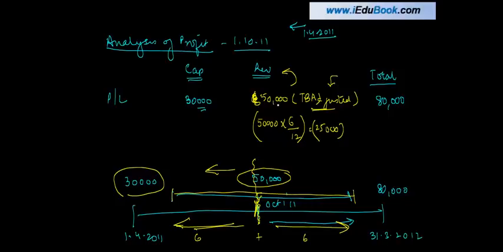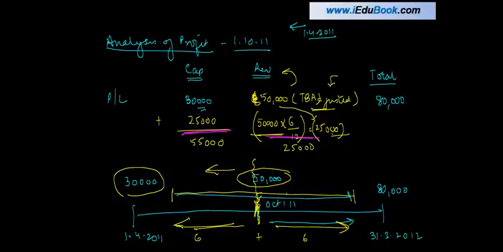So I will reduce this 25,000 from 50,000 and I will add this 25,000 to the capital profit, right? So now 30 plus 25 gives me 55,000, and 50 minus 25 gives me 25,000. So basically my capital profit is 55,000 and revenue is 25,000.